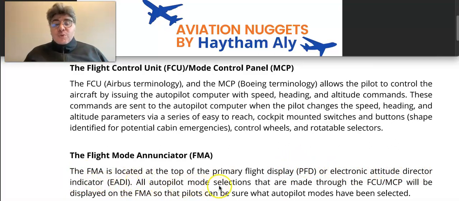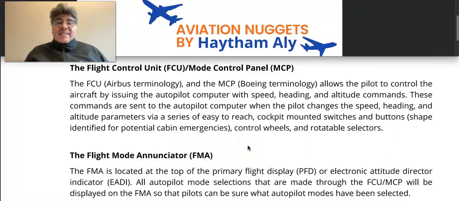All autopilot mode selections that are made through the FCU and MCP will be displayed on the FMA, so that the pilot can be sure what autopilot mode has been selected, engaged mode or armed mode. Any selection you as a pilot make on the FCU or MCP will be indicated on the flight mode annunciator. Okay, everybody?